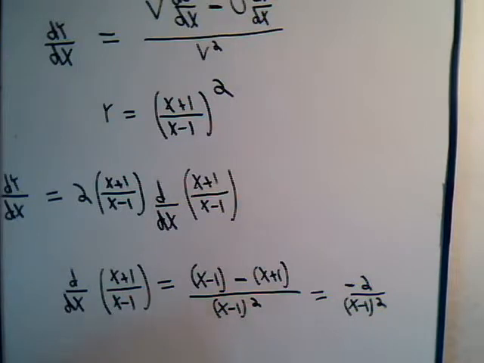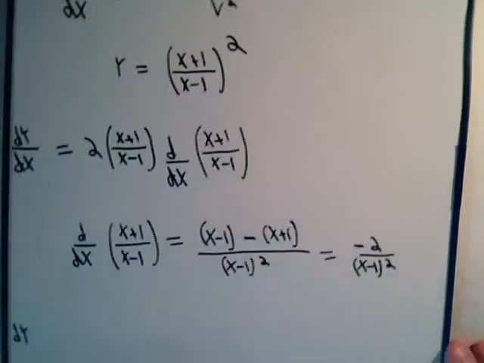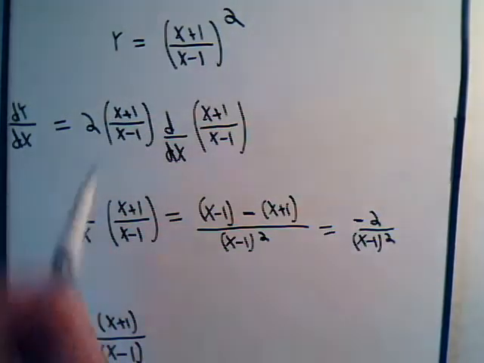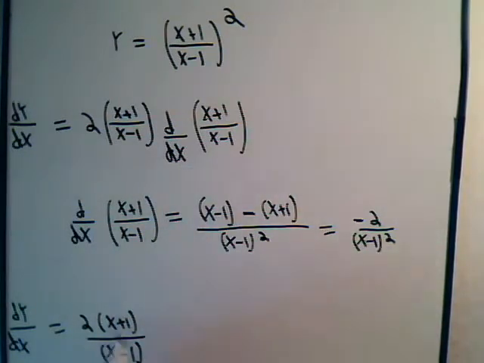Now let's go back up to here. dy dx equals 2 times x plus 1 divided by x minus 1, that's this, times this, times minus 2 divided by x minus 1 squared.